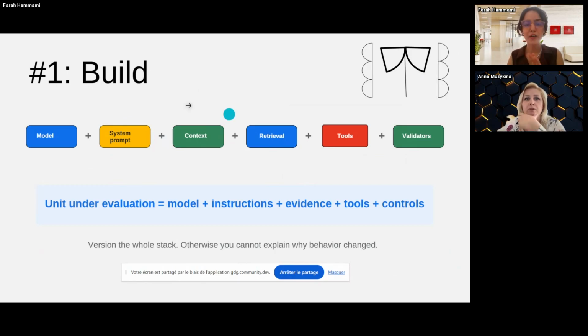For example, I have a system that gave me a specific answer. Before passing it to the final user, I have to validate whether it's actually answering the right thing or not. So this is the unit under evaluation that we have with all of the systems. I believe that putting it in boxes and modules like that will later help us demystify the issues and debug things when things go wrong.